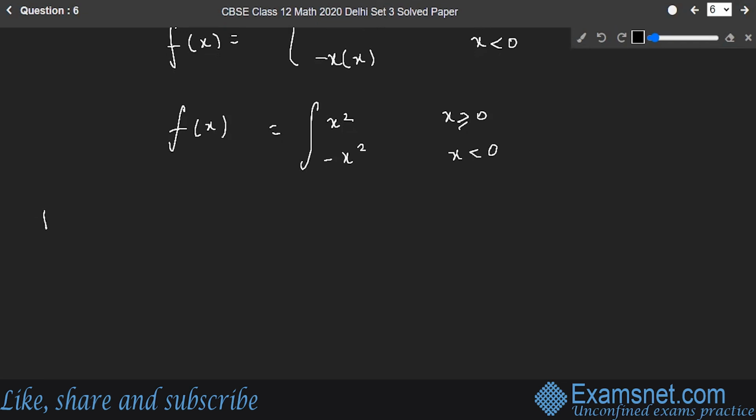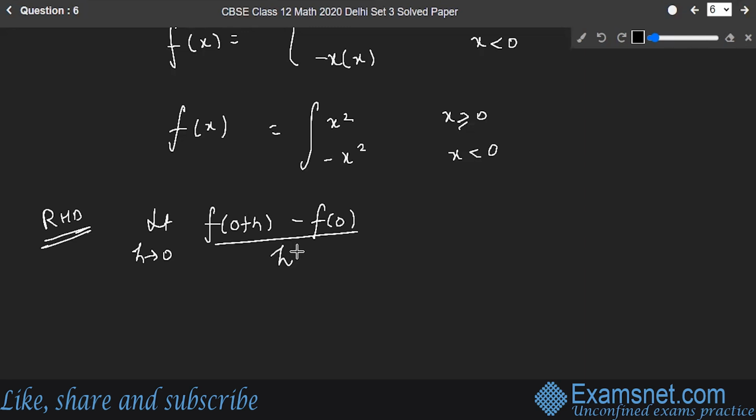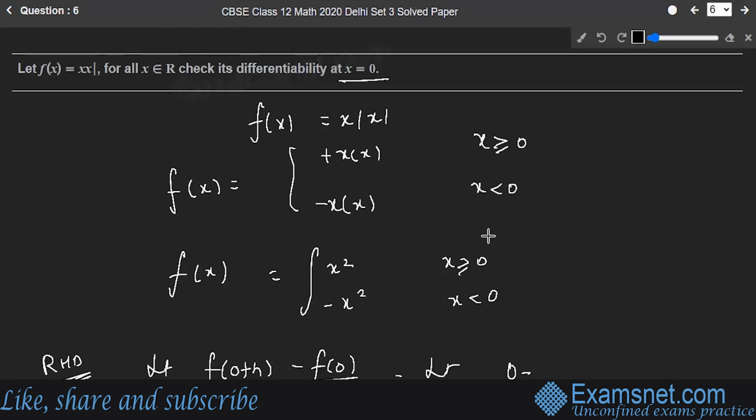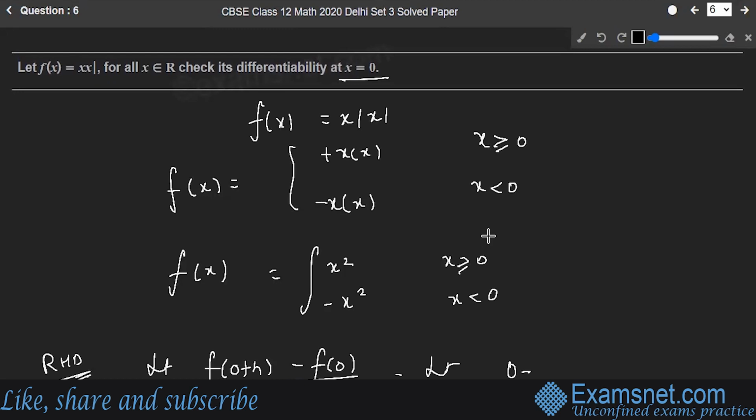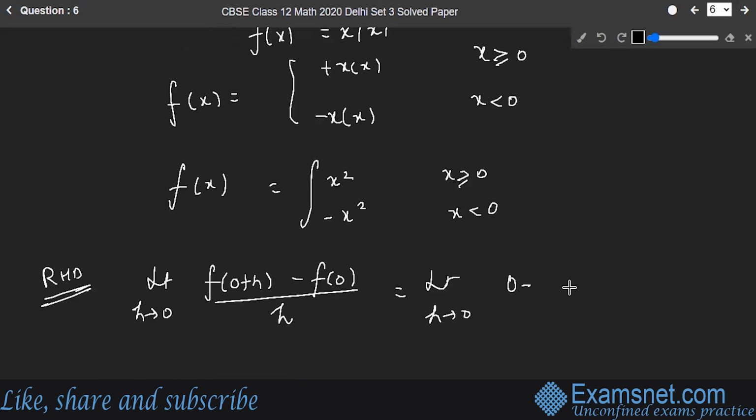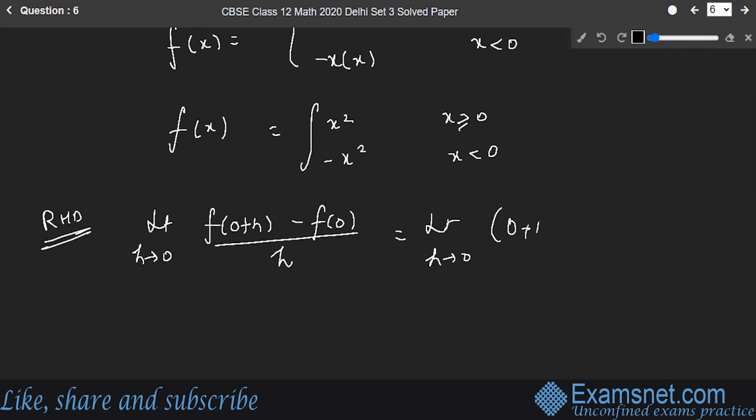For that, let's find out the right hand derivative first. RHD will be given by limit h approaching 0, f of 0 plus h minus f of 0, whole divided by h. That's equal to limit h approaching 0, 0 plus h whole square minus 0 square upon h.